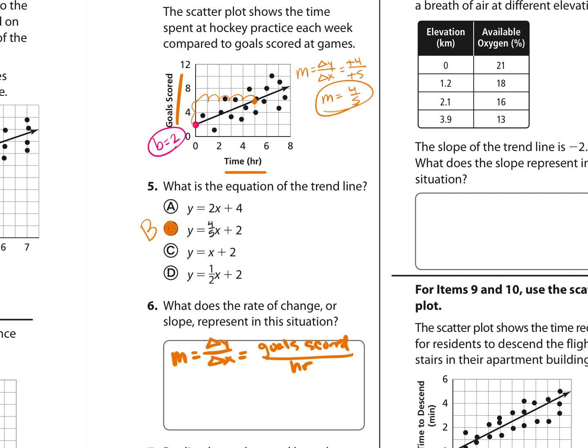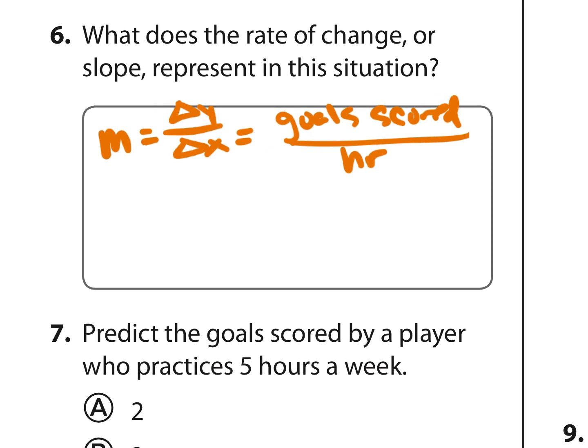So I could just simplify it by saying it means that the goals scored increases 4/5 of a goal per hour.